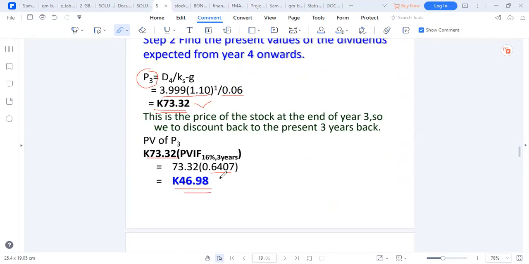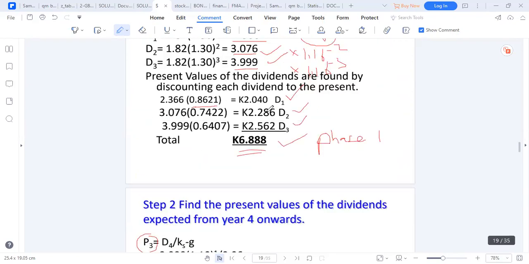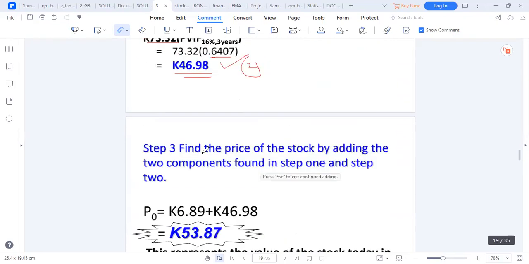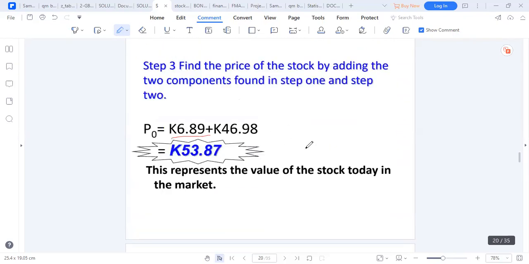Now we're going to add the value for phase 2 and the value for phase 1 to find the total value of stock, which is 6.888 plus 46.98, and this will be 53.87. So this represents the value of stock today.